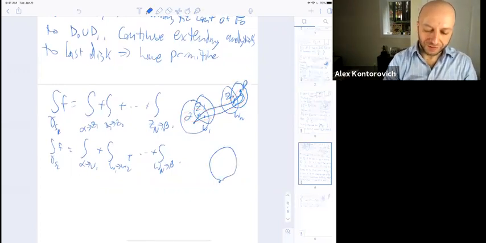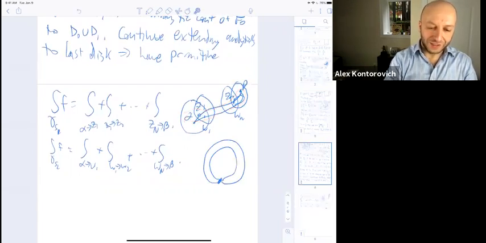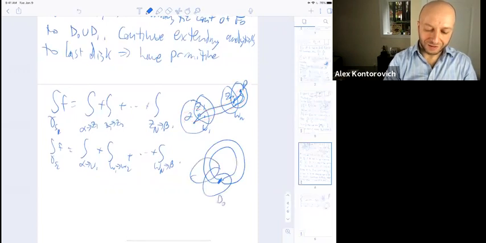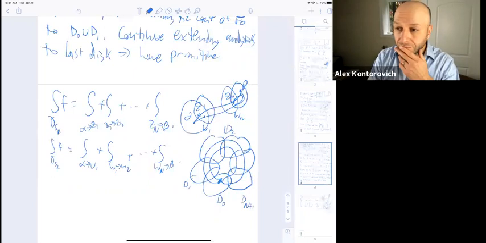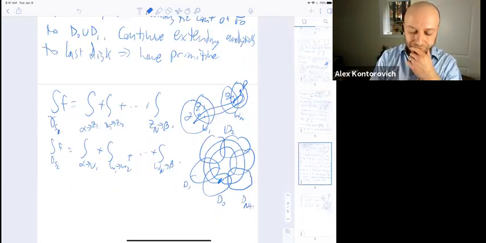So here's S1 and here's S2. And now I'm making disks. There's disk D0, and disk D1, and disk D2, and so on. And here's the last disk, Dn plus 1. I think when you loop around, you have to make Dn plus 1 also agree with D1, but the primitive you get for Dn plus 1 to agree with D1 may not be the thing which you constructed from D1 to Dn plus 1.